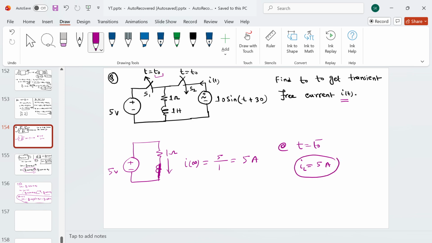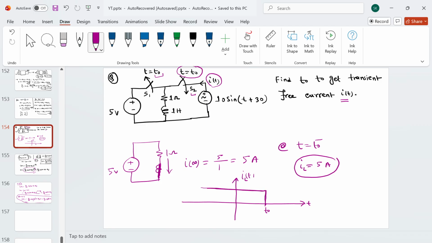Now I should close the switch S2 at time t equal to t naught such that this I of t current is transient free. If I draw the time axis, this is t and I of t. Let's say this is my t naught, and before that the inductor current IL was simply 5 ampere.